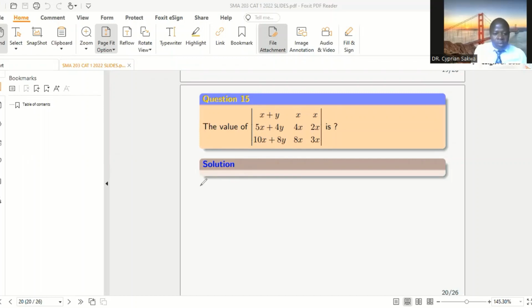So what I want to do is, I'm taking row 3, the current row 3. The new row 3, I want to get by taking the current row 3 minus 2 row 2. So when I do this, what do I get? I've not touched row 1. I've not touched row 2.